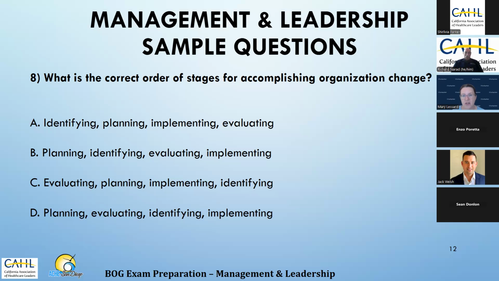If you're going to accomplish change, you're not planning in your first step. So I'm eliminating B and D, and between A and C, definitely A is the right order for accomplishing change.